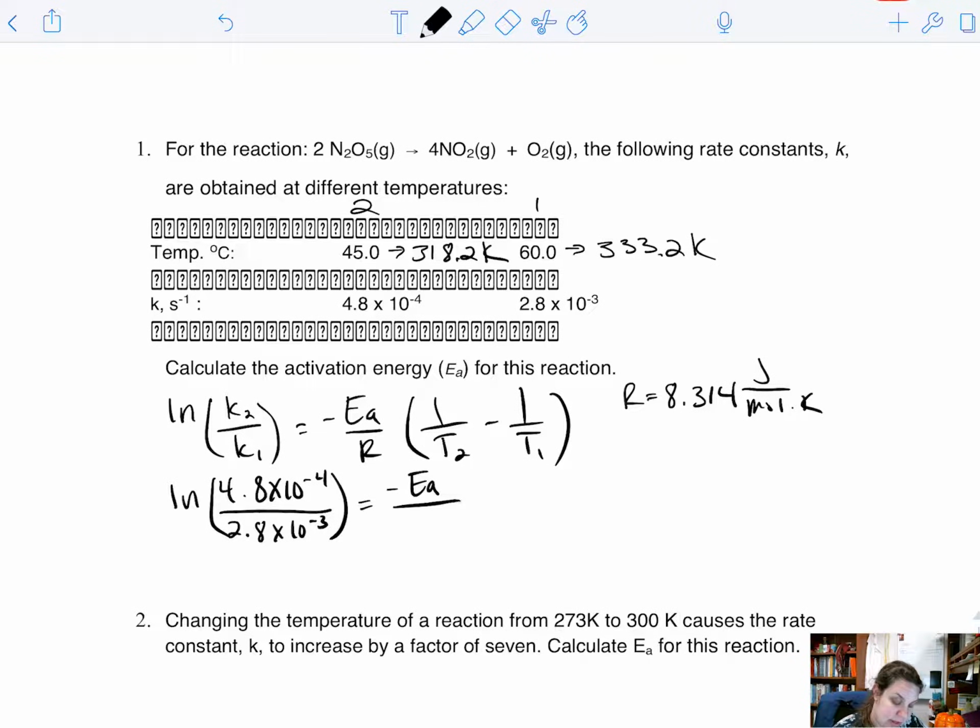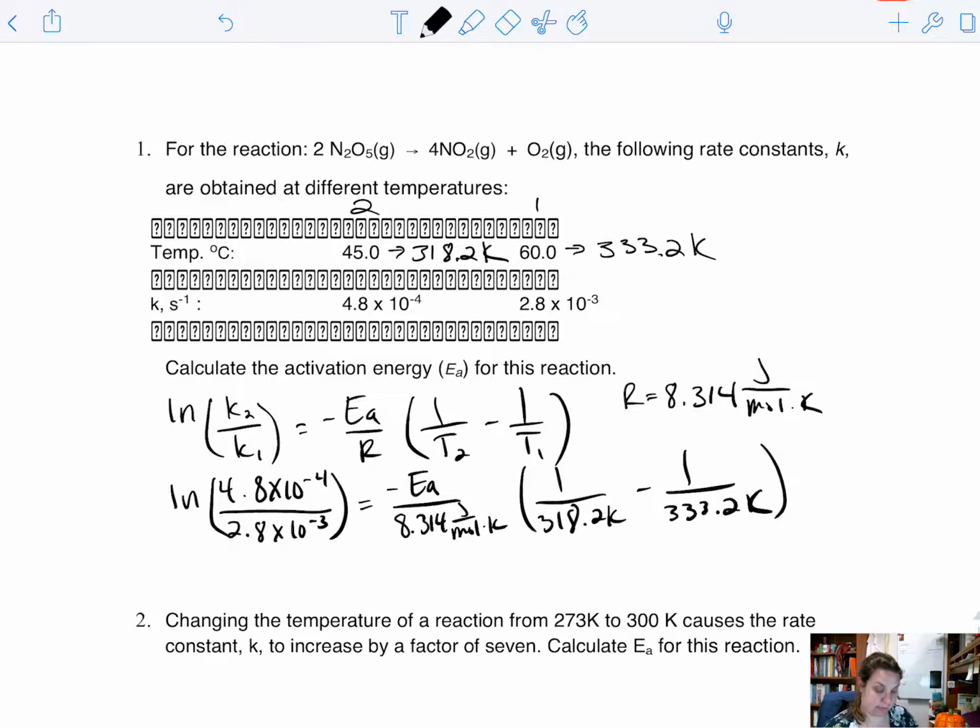Equals negative EA divided by 8.314 joules mole Kelvin, and then 1 divided by 318.2 Kelvin minus 1 divided by 333.2 Kelvin. We solve for this.